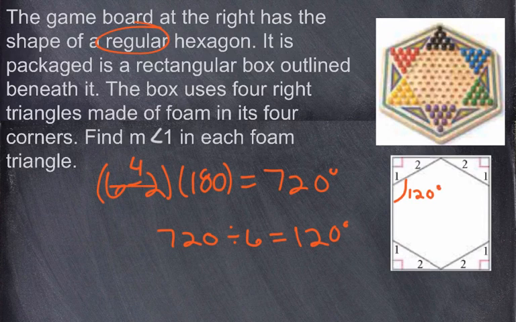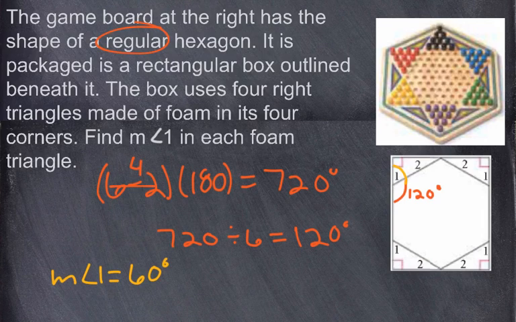Again, the interior angle. But we're looking for the exterior angle, correct? Well, we notice that these are supplementary, okay? So therefore, these two need to add up to 180, so that would leave the measurement angle 1 is equal to 60 degrees.